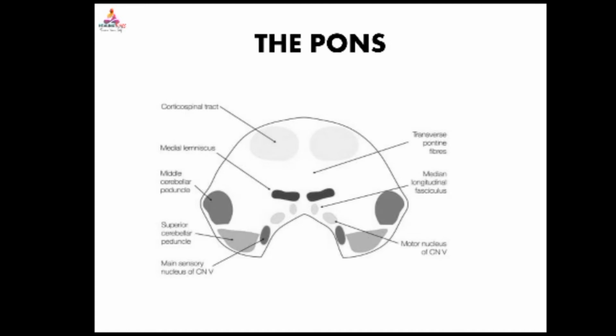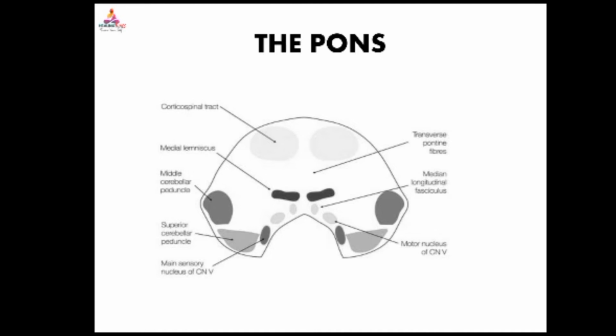Next part is the pons. The pons is the large middle part of the brainstem. It is continuous above with the midbrain and below with the medulla oblongata.